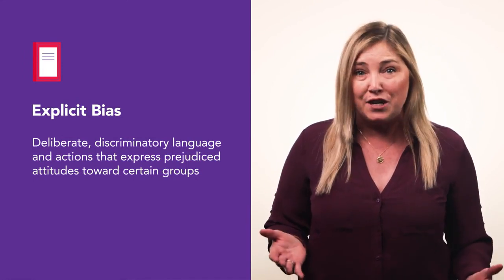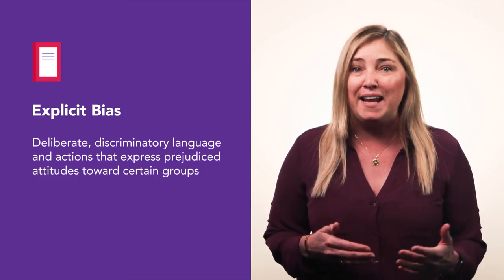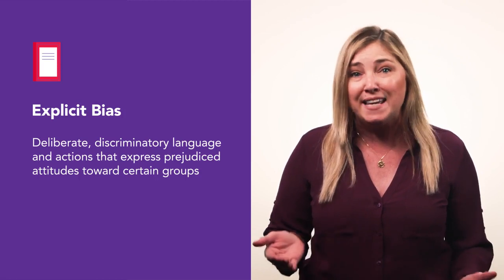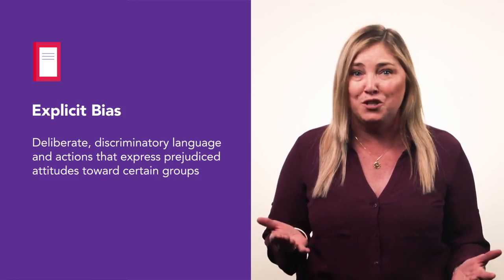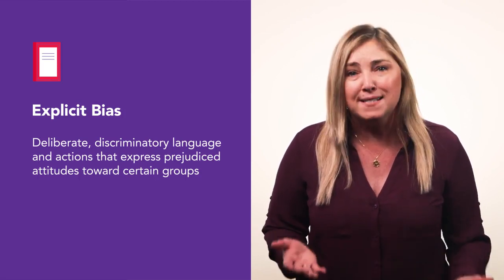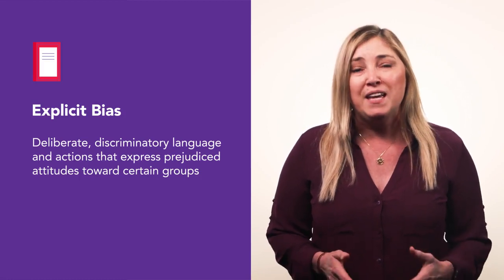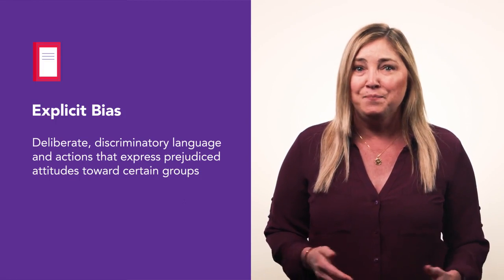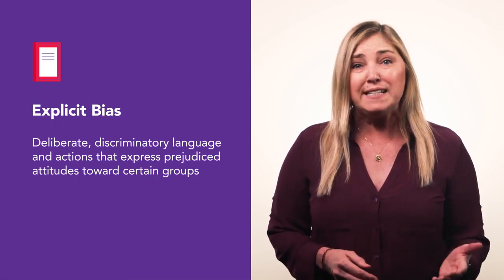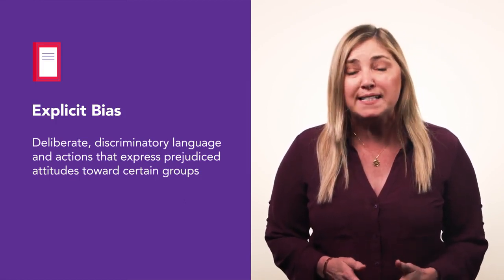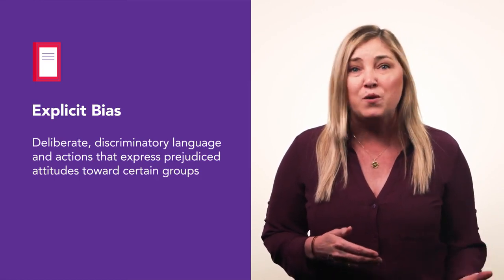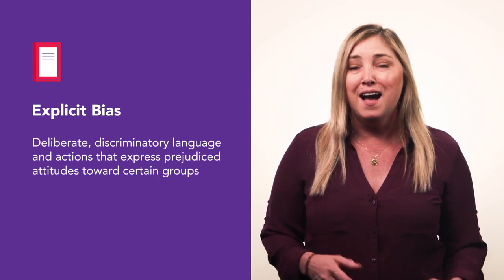Although explicit stereotypes are less common and illegal under civil rights legislation and Equal Employment Opportunity Commission regulations, biases persist in individual and systemic behaviors within many organizations. The upside is that organizations can develop policies and procedures to address explicitly discriminatory language and actions.